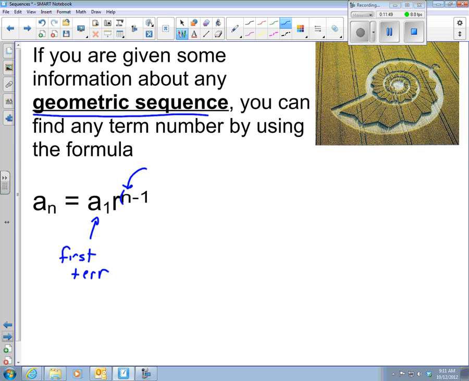You can put the n minus 1 in parentheses if you want to, but basically n is the nth term in the sequence that you want to find. And then r is your common ratio.